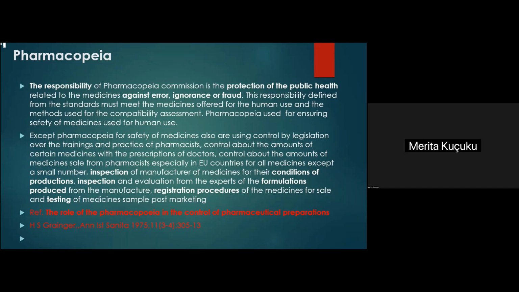It also includes inspection of manufacturers of medicines for their conditions of production according to GMP, inspection and evaluation by experts of the formulation produced by the manufacturer, registration procedures of the medicines for sale, and testing of medicine samples post-marketing in laboratory control.